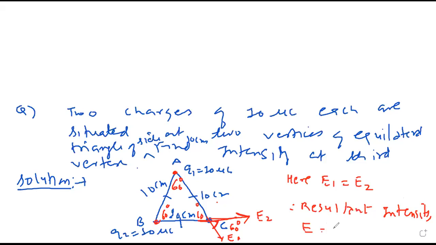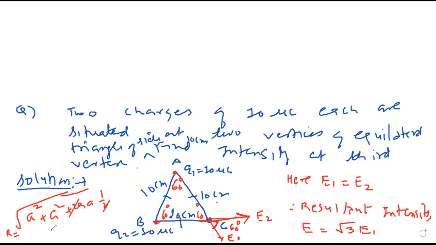Resultant intensity, is it root 3 times any one vector? Do you remember? Two vectors inclined by 60, if they are equal, then the result is root 3 times. In case you are not remembering, just check. By vector addition, the resultant is root of a square plus b square plus 2ab cos 60. I'm taking both as the same, so a square plus a square plus 2aa times cos 60, which is half.